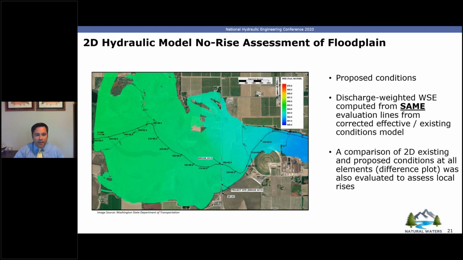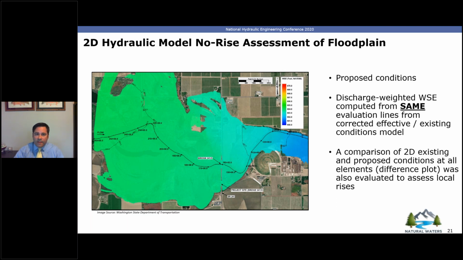I will say that part of the FEMA criteria that will be coming out, and Scott alluded to, and that we did on this project, is that in addition to the discharge weighted evaluation, we also did a difference plot of the full 2D domain. So in other words, at any given element, we were able to compare the proposed water surface elevation to the existing conditions water surface elevation.